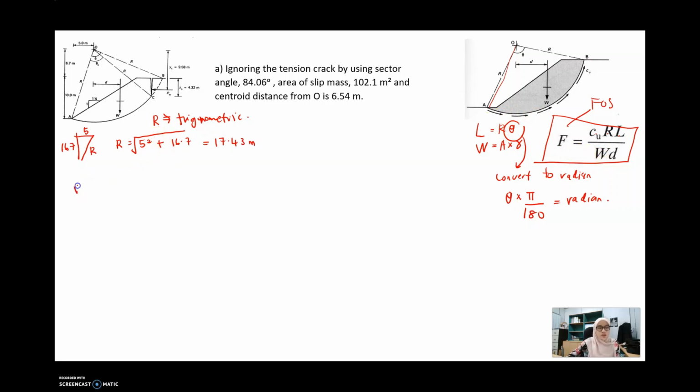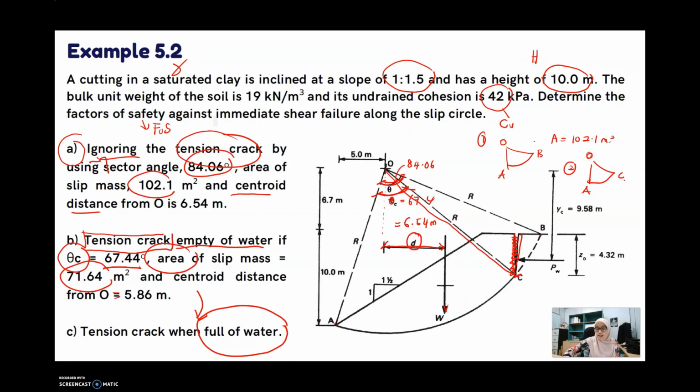Okay, so W should be area times unit weight. Area is given here, 102.1 times unit weight. In this question, your unit weight is 19.